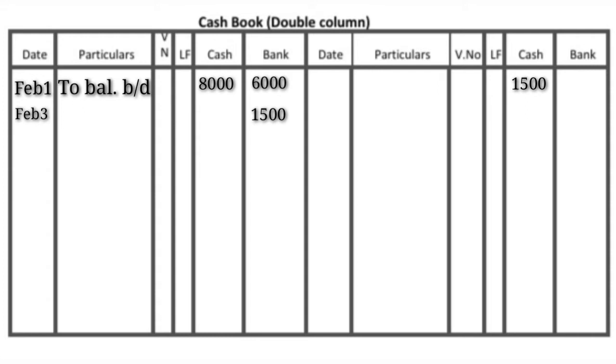In the particulars column we will write 'To cash' in the bank column 1,500, and on the credit side the date is February 3rd. How is the cash decreasing? Going to bank, right? So we will write here 'By bank'.